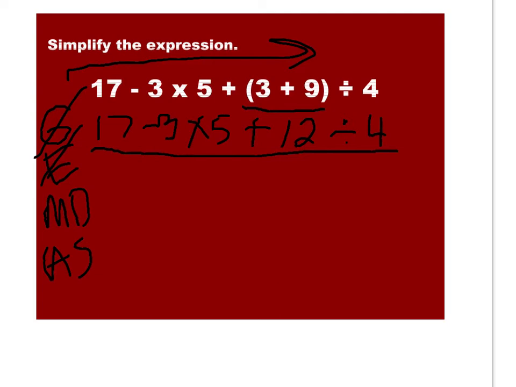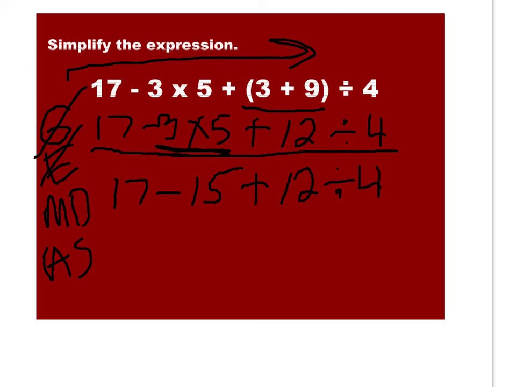But I am going to look at the 3 times 5, and my 3 is kind of sloppy, sorry about that. 3 times 5 is 15, so I'm going to bring the 17 down and write 17 minus, and I'm going to write 3 times 5 is 15. And then I'll bring down the plus sign, and I'll bring down the 12, and I'll bring down the divide by 4.